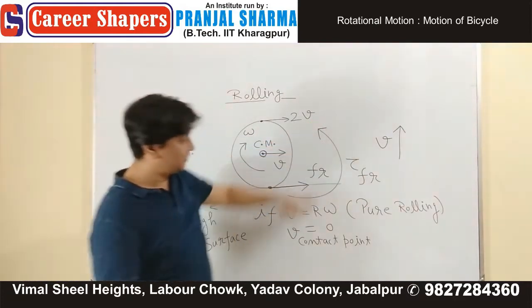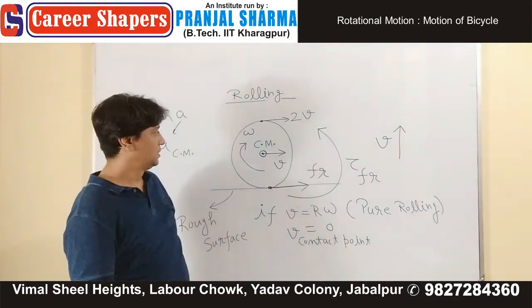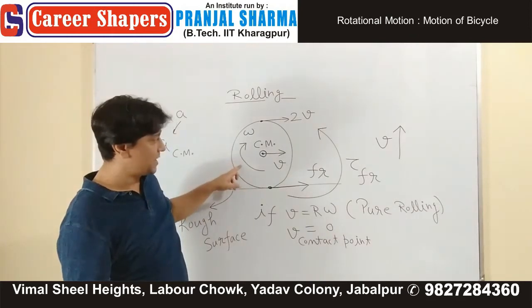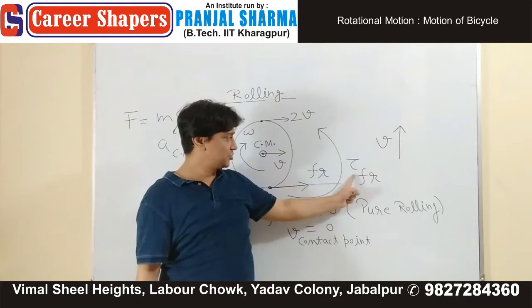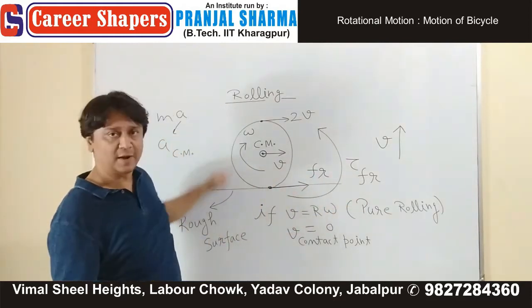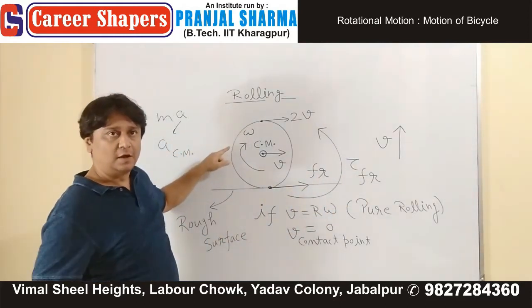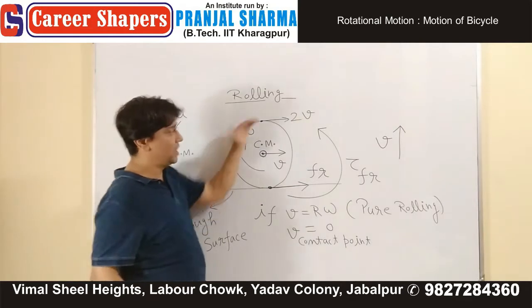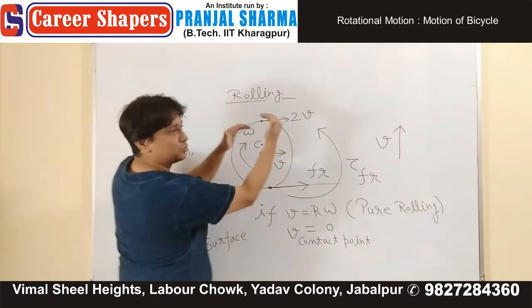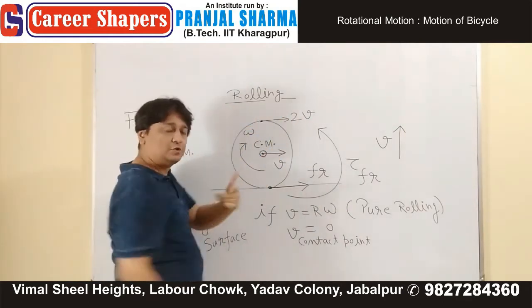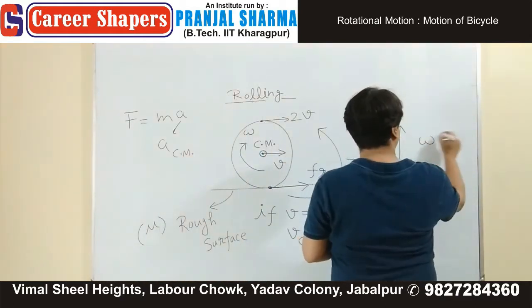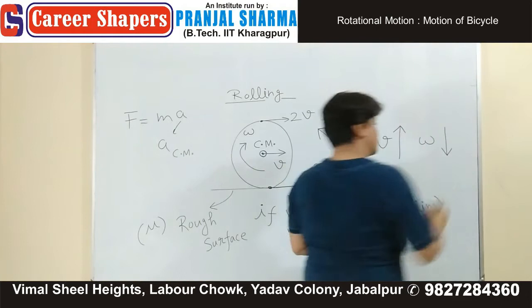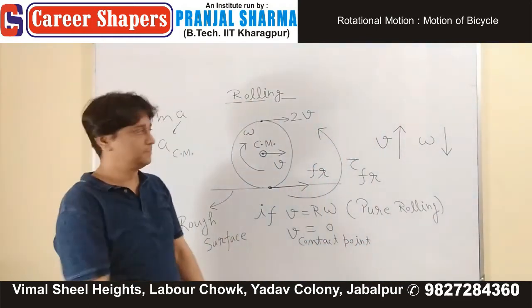Look at the direction of torque of friction and look at the direction of omega. You can see that omega is being opposed by the torque. So that tells us that in this situation, omega is going to decrease.